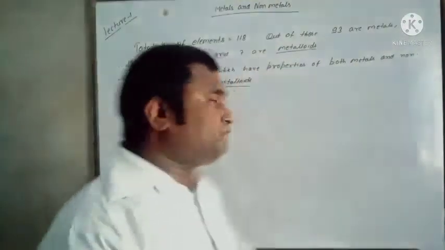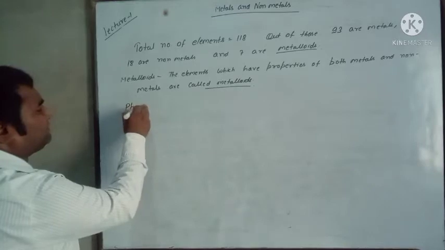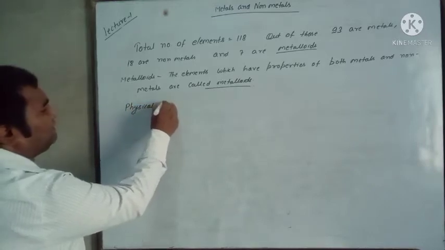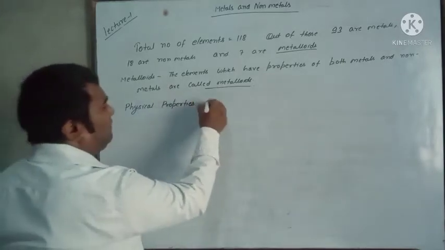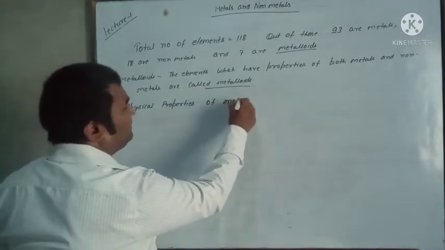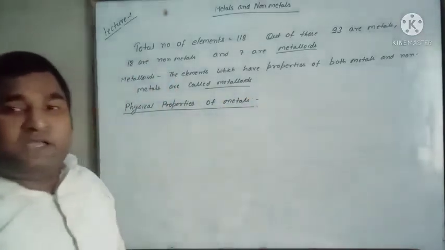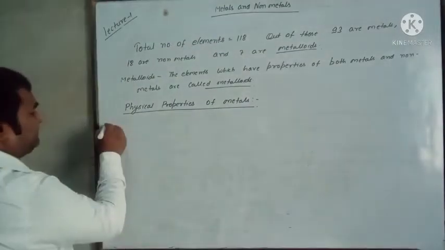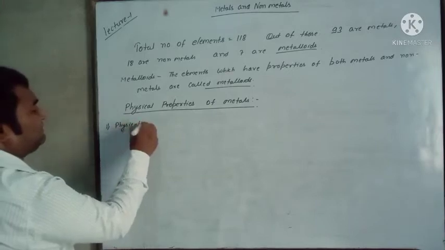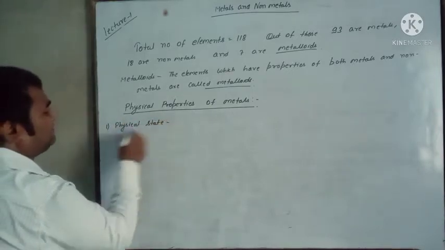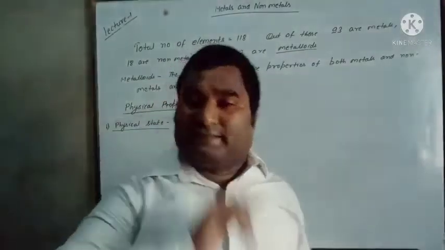First we will discuss the physical properties of metals. First, physical state. Physical state means whether it is found as solid, liquid or gas.